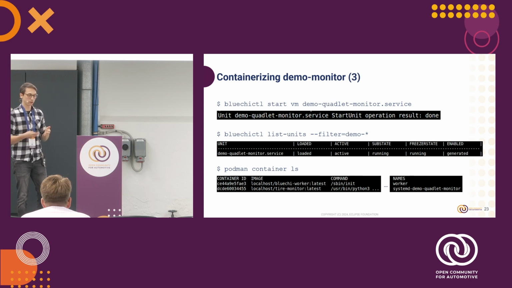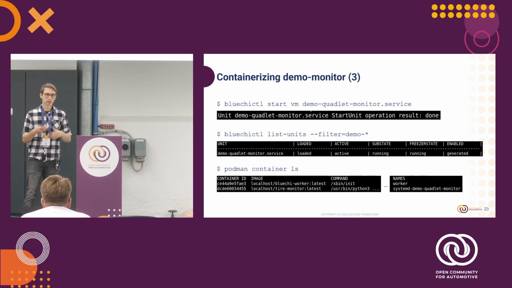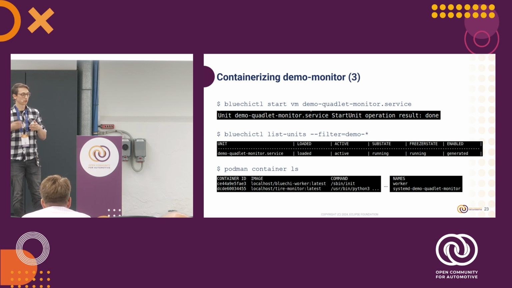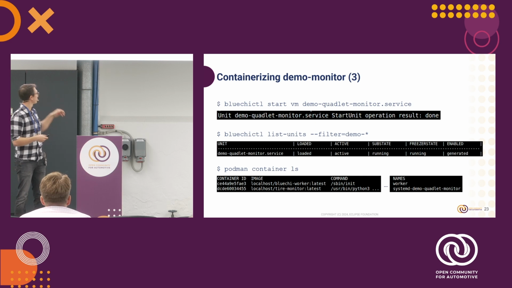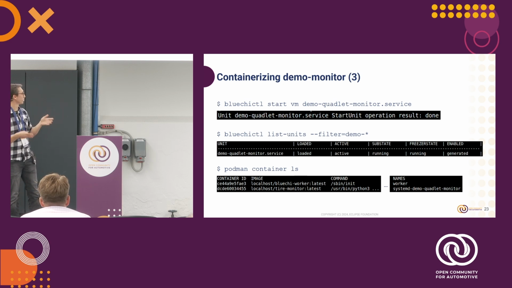We can check, again, with the list-units command if it's already running. This looks only at the, in quotes, systemd unit state. We can use Podman commands as well to check if the container is really there. And as you can see here in the second line, we got the tire monitor image or container running with the name systemd-demo-quadlet-monitor.